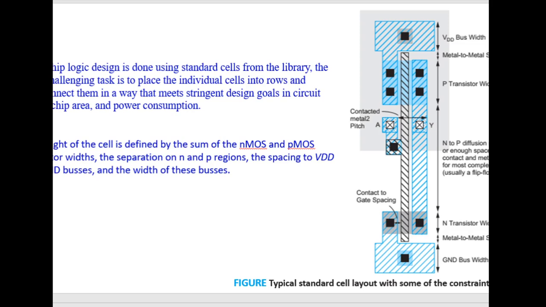It may be representing a single transistor, or a single small gate. And every cell, every small component will have its layout, because it has to be ultimately fabricated on an IC, on a particular area. So it will have its unique kind of architecture or unique kind of layout.